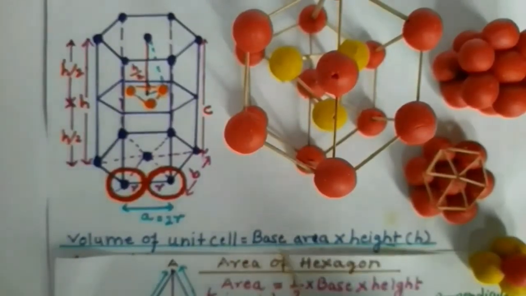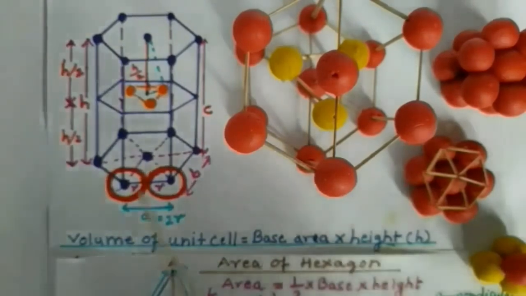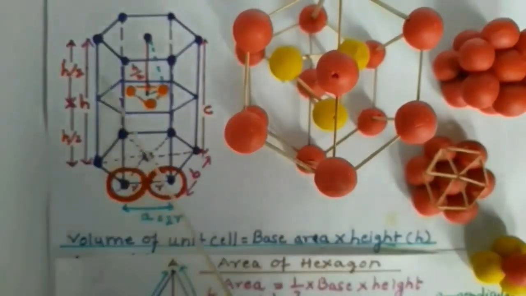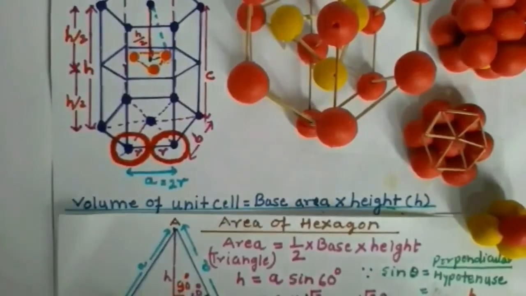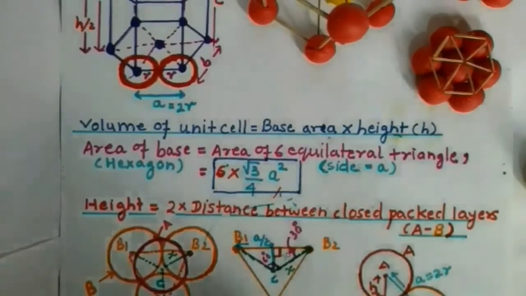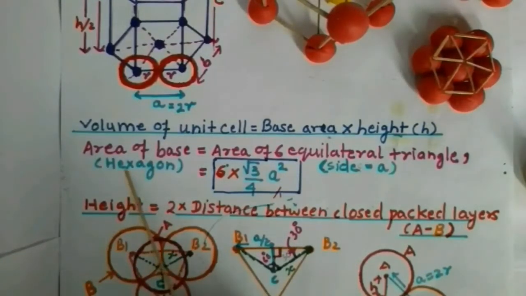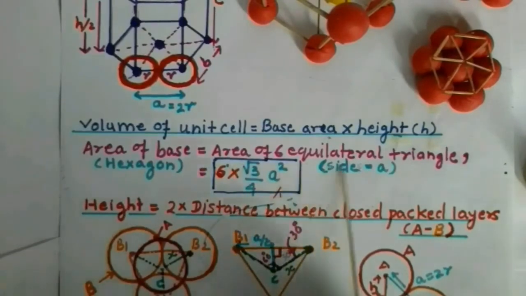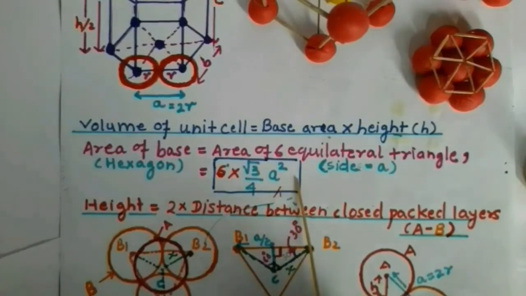We have calculated the area of the hexagonal base, and if we have to find out the volume of the unit cell, we have to multiply it with the height of the unit cell, that is C, which is represented as H, and this is twice the distance between the two consecutive layers A and B. So far we have calculated the area of the base, and that is equal to the area of 6 equilateral triangles, which is 6 multiplied by root 3 by 4 A square.